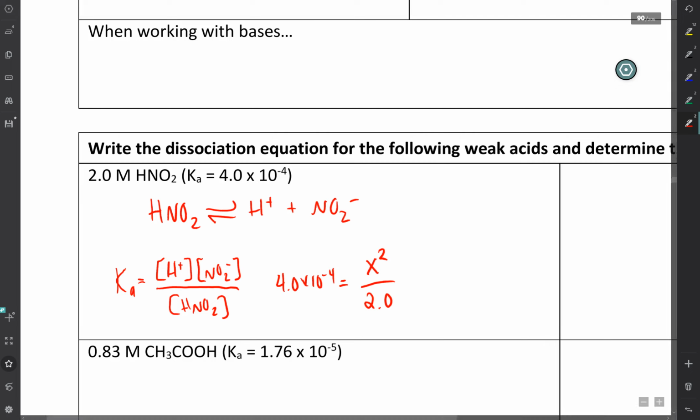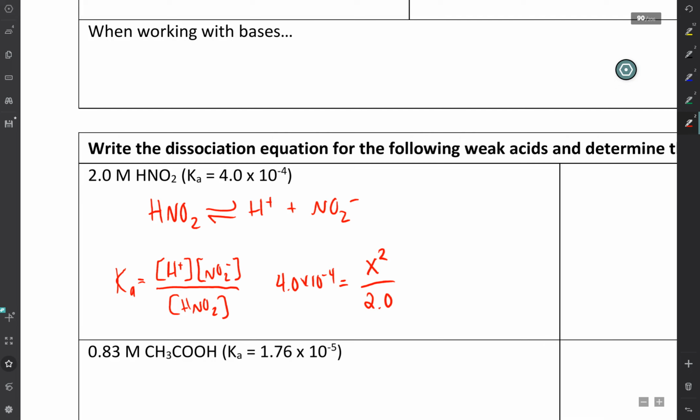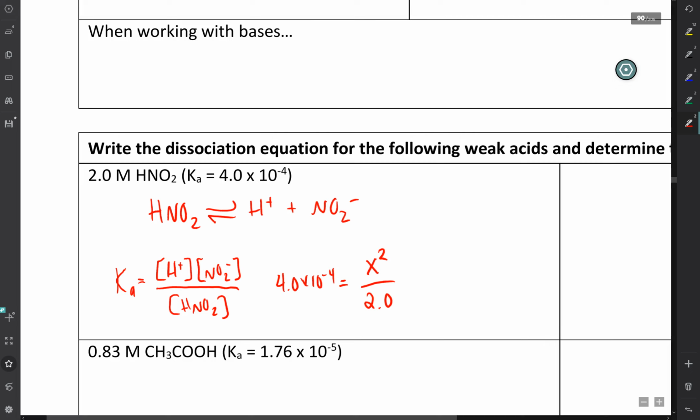Generally, x is so small that when you subtract it from the concentration of the acid, it doesn't really make an appreciable difference. So this saves us a lot of headache, namely the quadratic equation, by just simplifying it to this. When you go through and solve for the concentration of hydrogen ions, in other words, solve for x, you should come up with 0.028 molar.